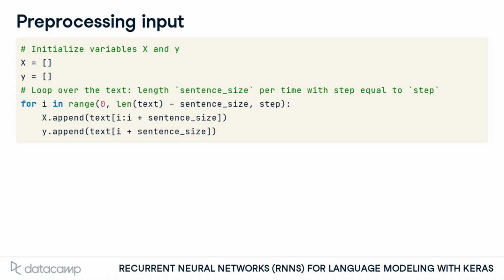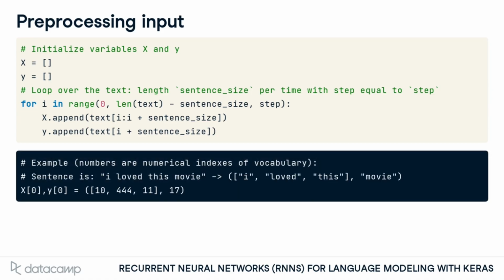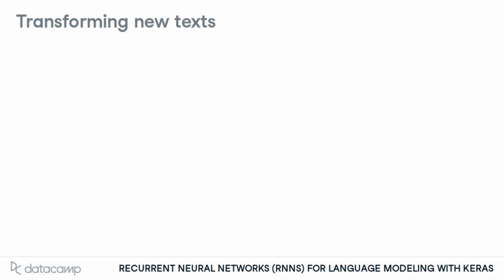If we use a step equal to 2, it means that the X sentences will be shifted by 2 words at a time. When preparing new data, we can use the dictionary to get the correct indexes for each word.